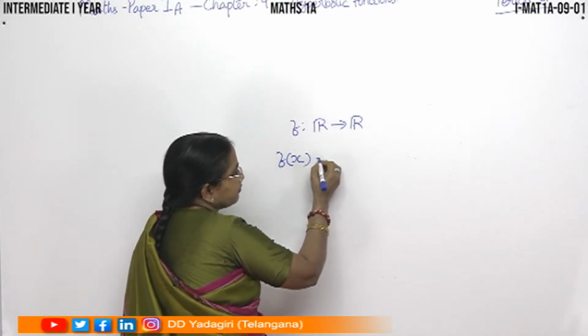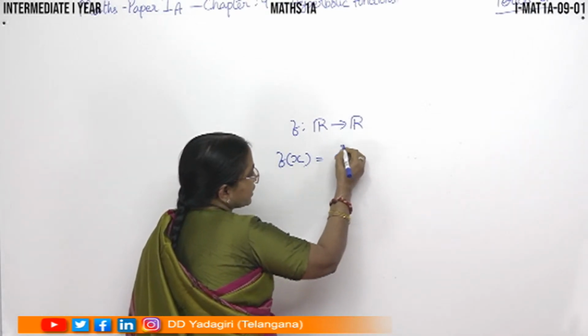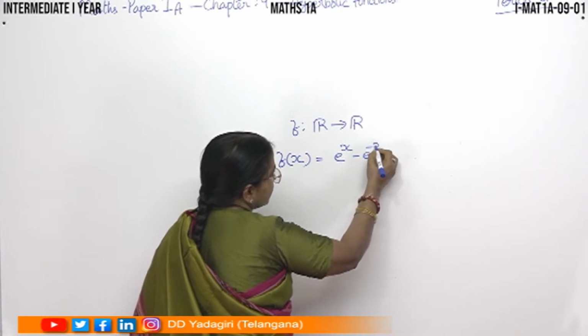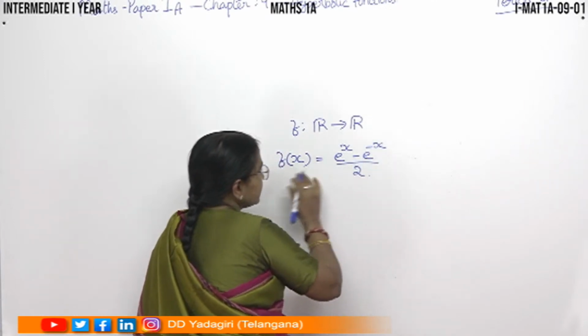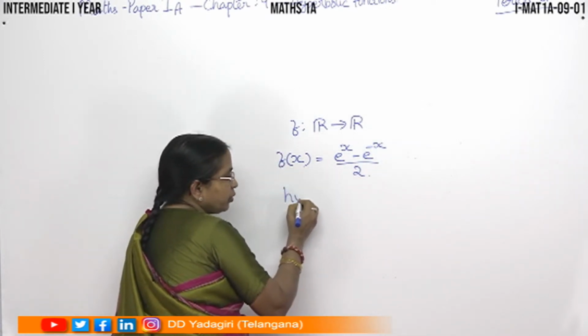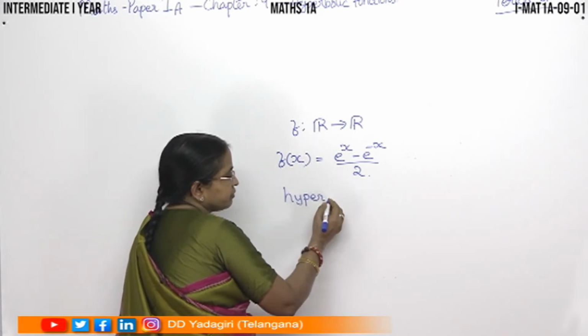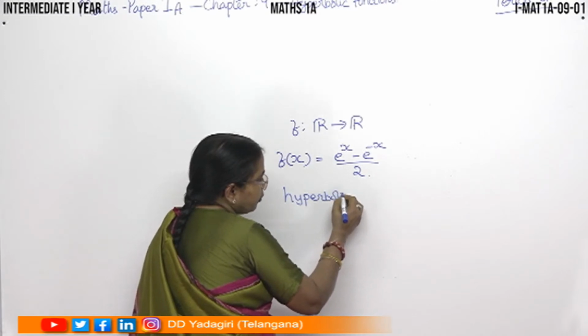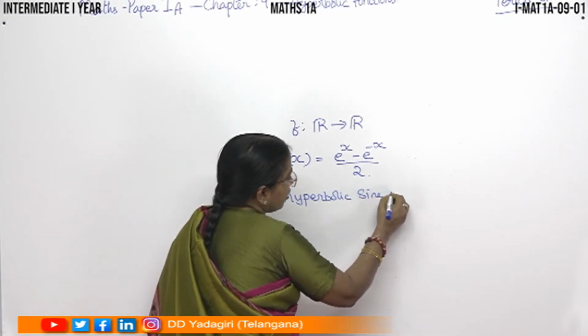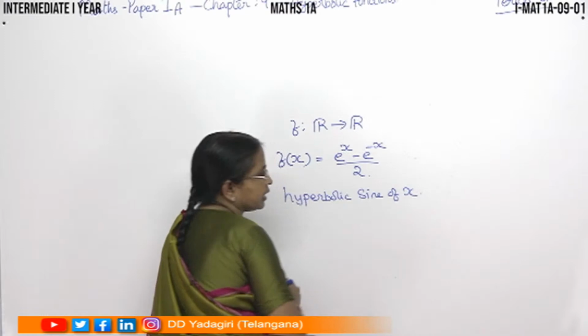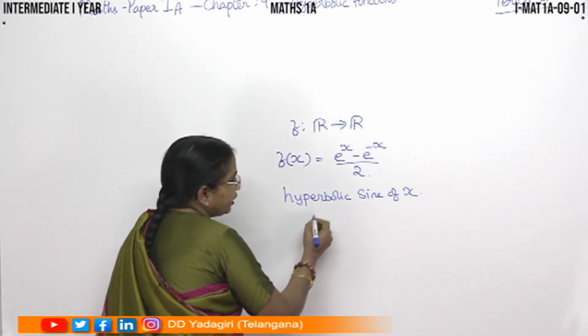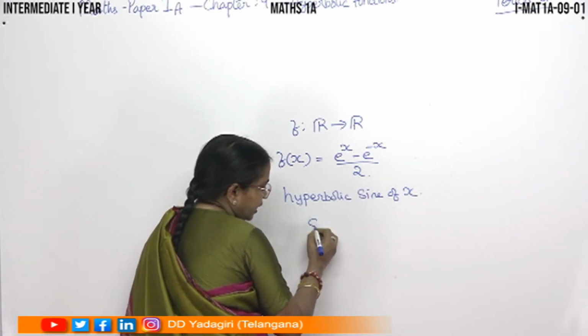And f of x is defined as e power x minus e power minus x by 2. This function defined in this way is called the hyperbolic sine of x, and we denote this by sinhx.